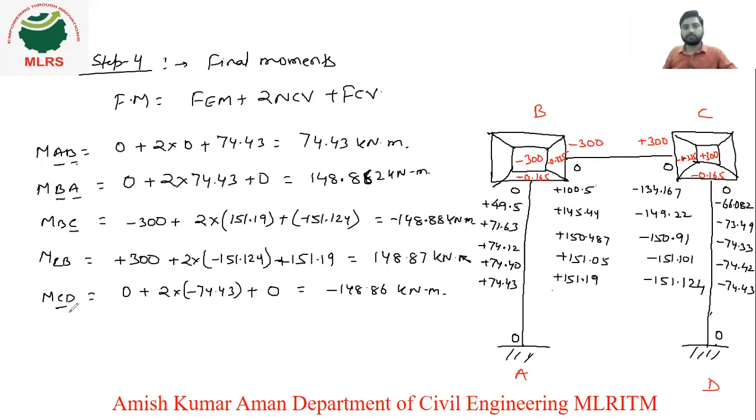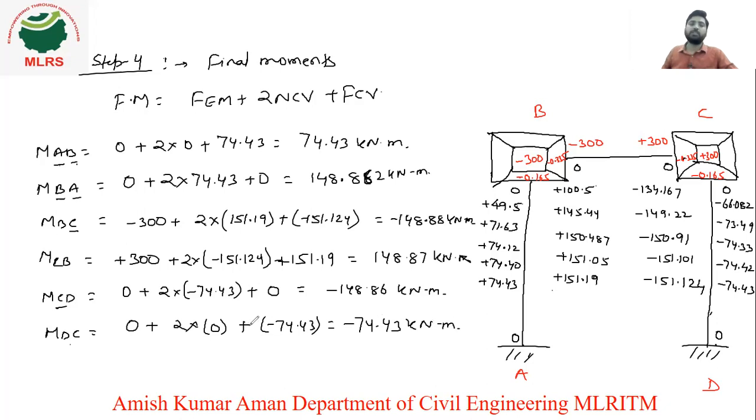Next, MDC. For MDC, the fixed moment is 0, 2 into the value at D is 0, and at C it is minus 74.43, so you will get minus 74.43 kilonewton meter.